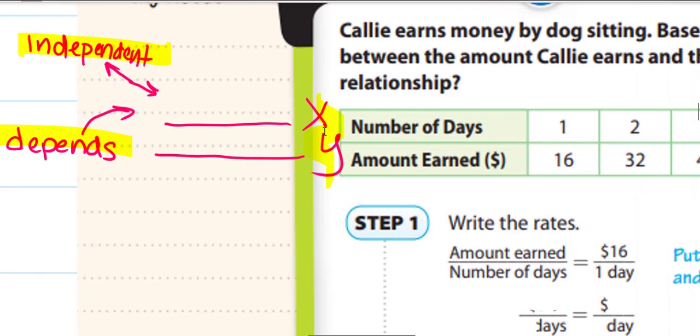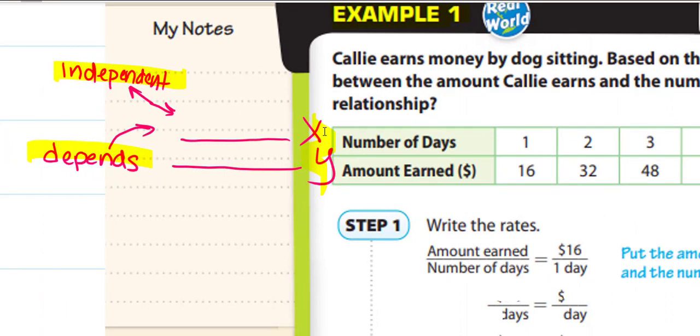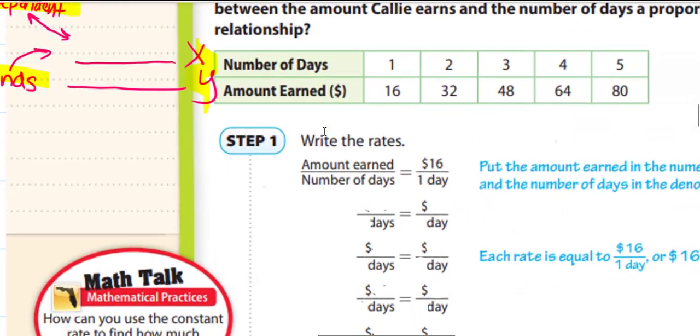Whether Kaylee works or not, the days are going to pass. The days don't depend on anything or anyone. Time will pass. However, the amount of money she earns is absolutely dependent on the days that she works. So y, our dependent variable, would be the amount of money earned. x, the independent variable, would be the days. We're always going to start by labeling our x and our y before we even begin.